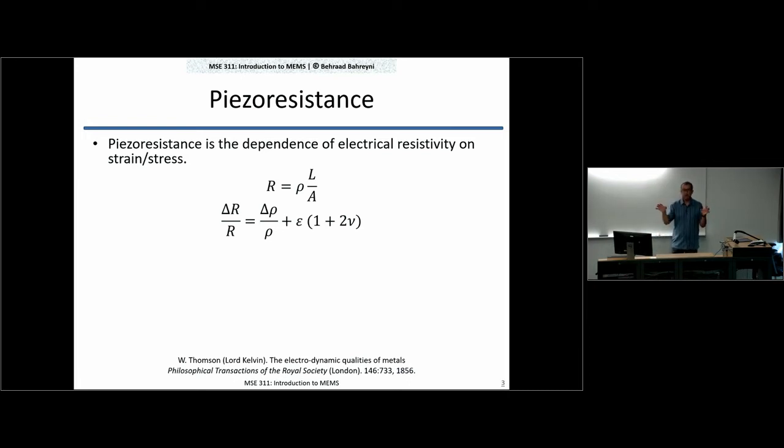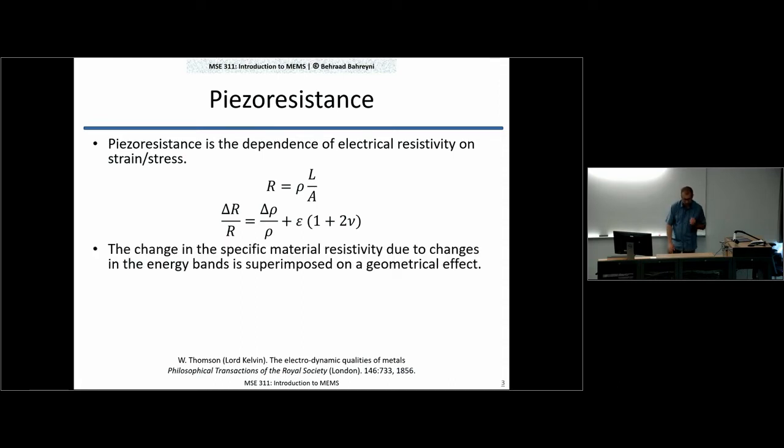You have these two phenomena that happen at the same time, in parallel with each other, and what we can do is normalize this to strain. So we take delta R over R, that normalized change in resistance, and normalize it again to strain.